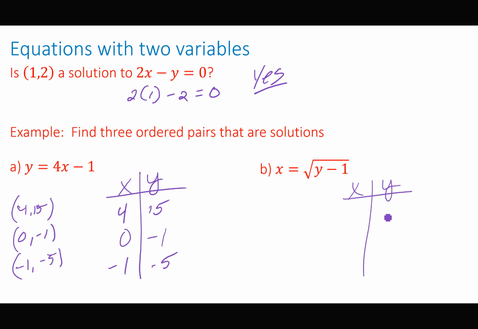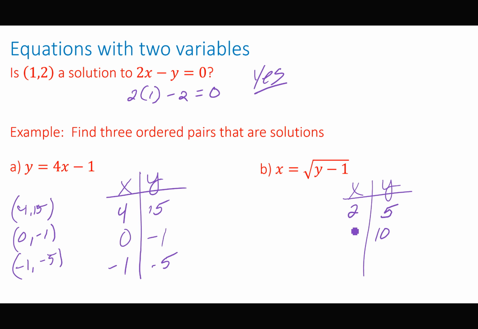5. Okay, so Y is 5. Okay. Gabe, what is the square root of 5 minus 1? No, 5 minus 1. 4. So X is what? 2. Okay. All right. Simon, give me another number. 10. Okay. What's my X going to be then? 3. Ooh.